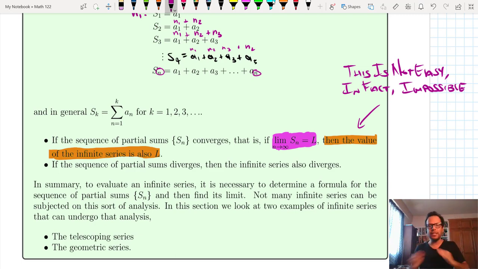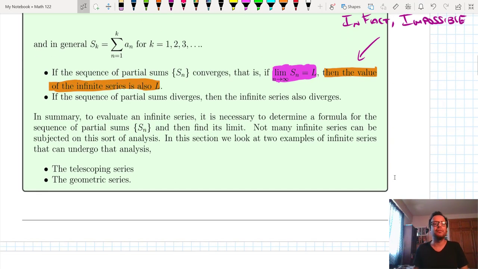However, in this section we are going to look at two cases in which we will be able to find those infinite sums. On the other hand, if the sequence of partial sums diverges, then the series also diverges. So what do we need to evaluate an infinite sum?